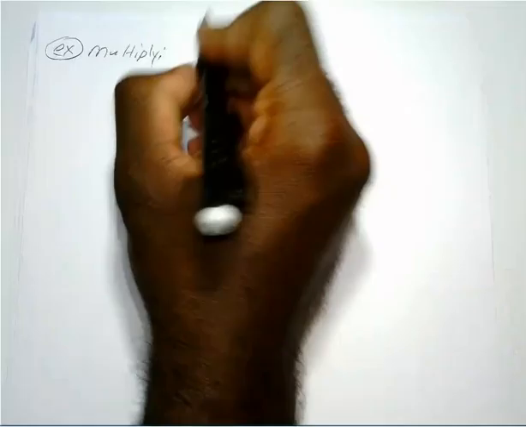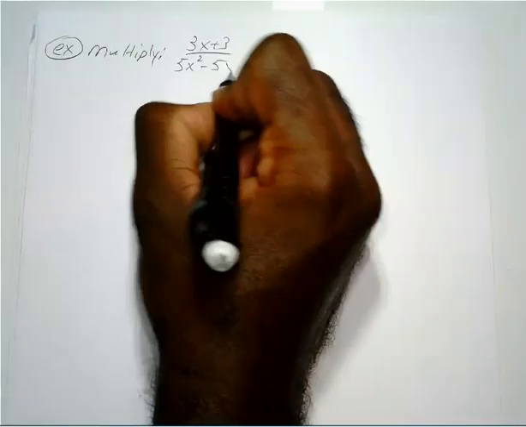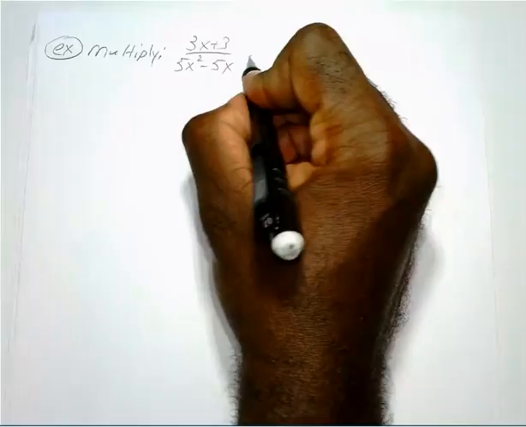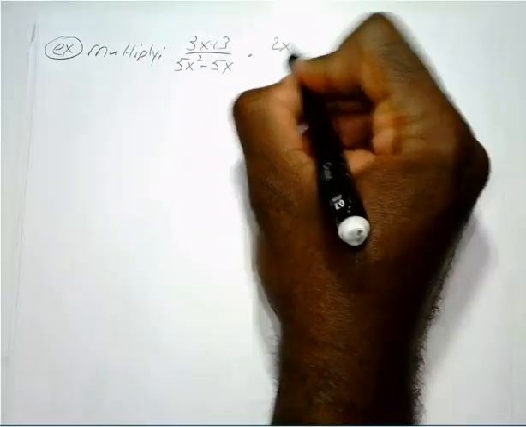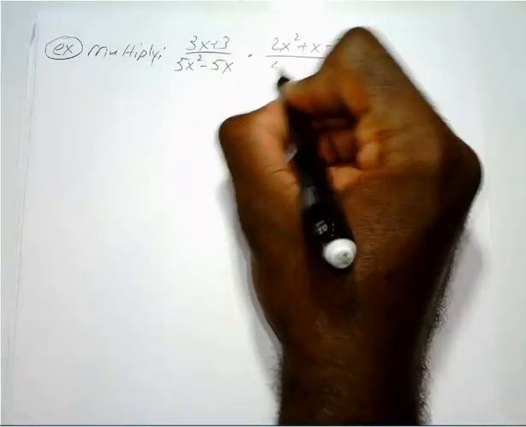Alright, so let's say, for example, we want to multiply 3x plus 3 over 5x squared minus 5x times 2x squared plus x minus 3 over 4x squared minus 9.